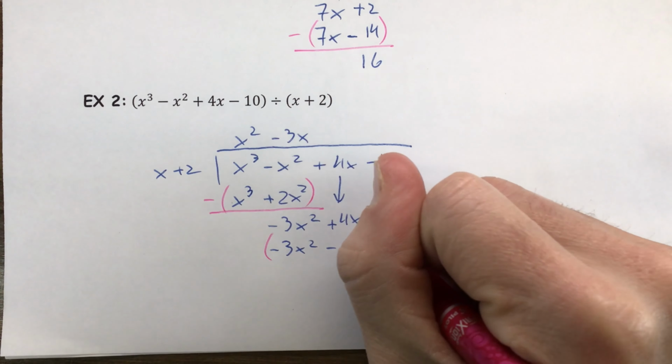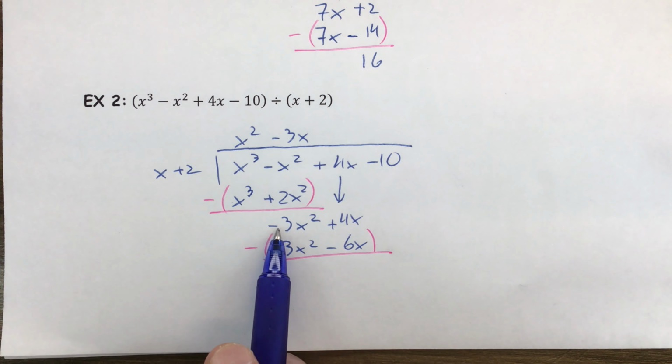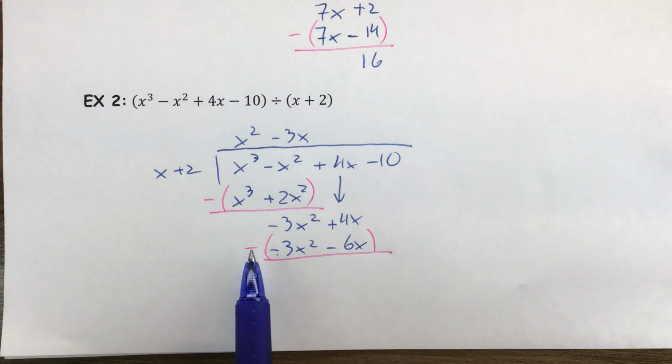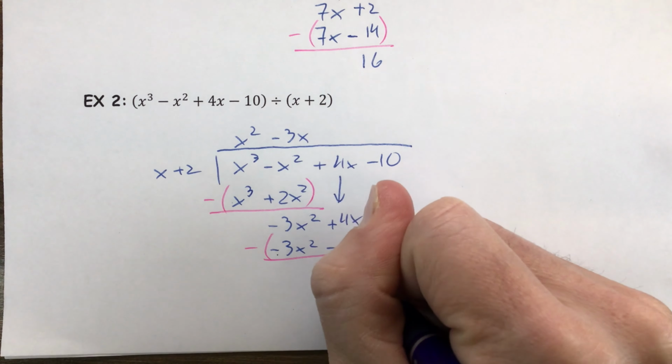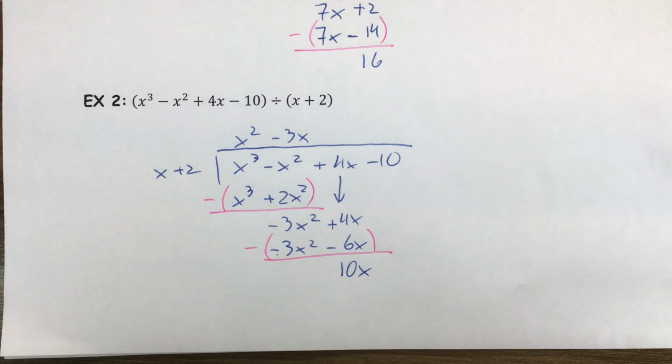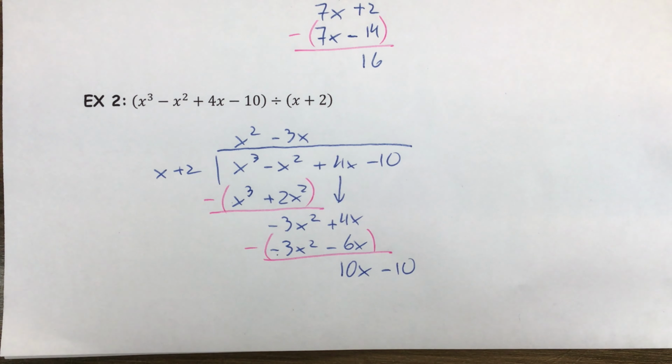Parentheses. Subtract, break it up. Cancels. Kind of interesting here though. These become a positive, which cancel with the negative there. Okay, distributes over. You get a positive 6. Positive 6 and positive 4 is going to give you positive 10. You get 10x. We're going to drop the next term. We got a minus 10 there.